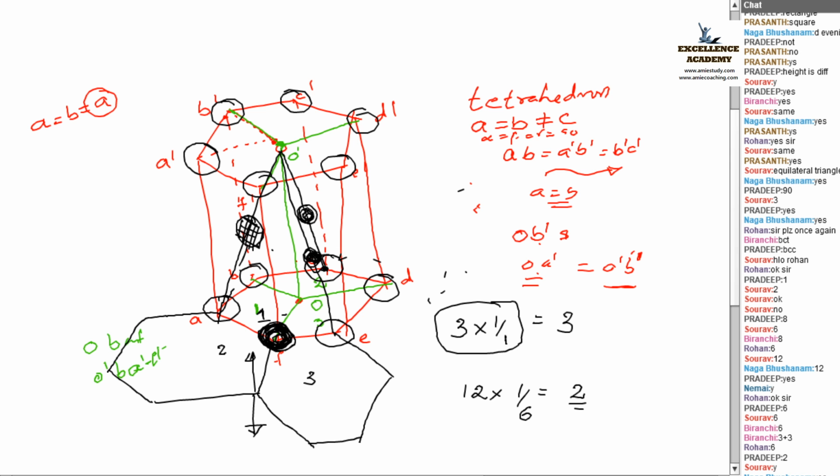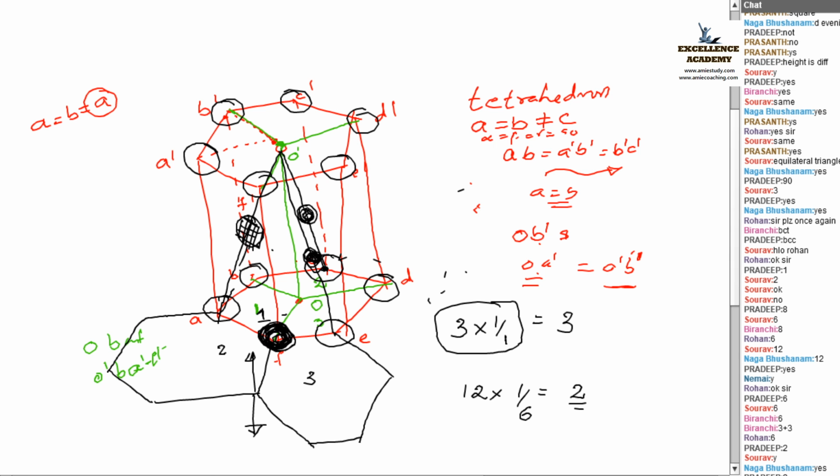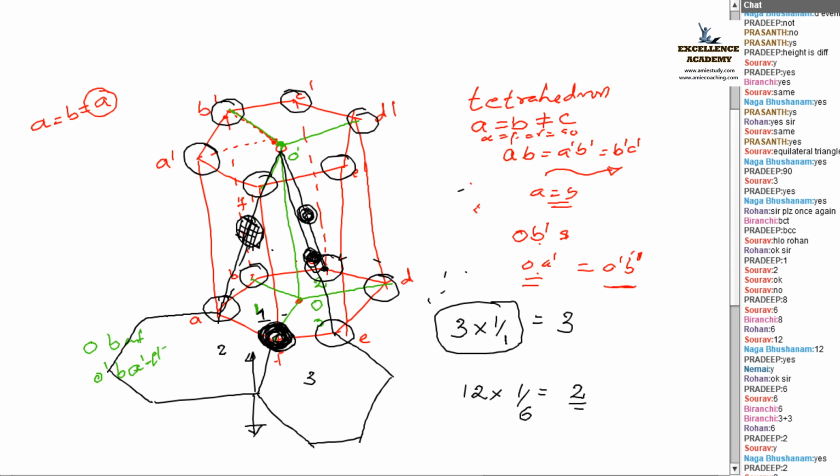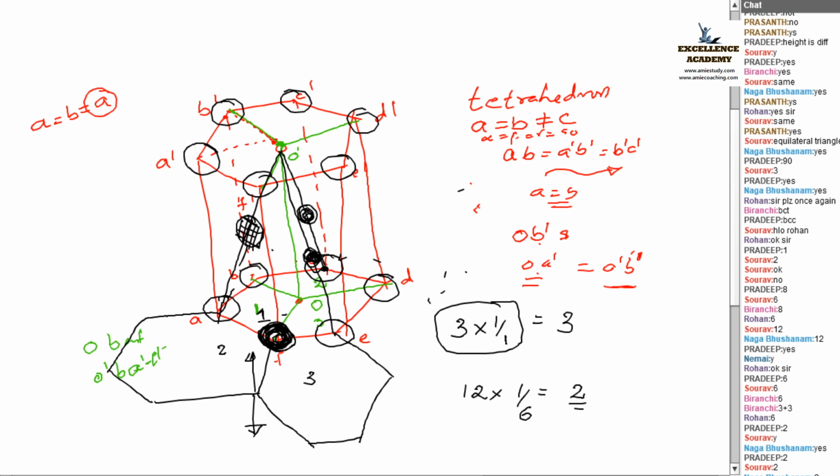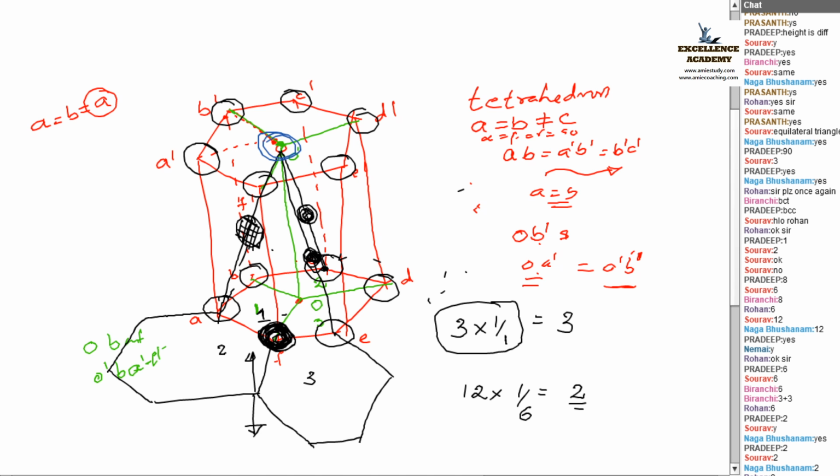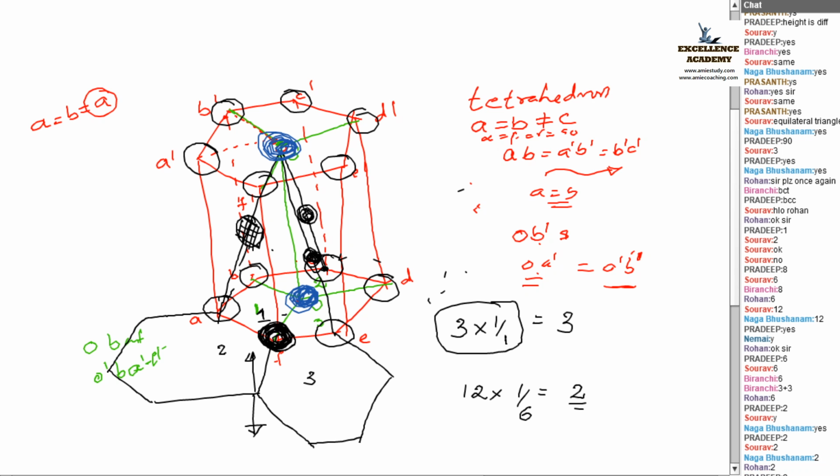How many end faces are there? Yes, two end faces are there. One is placed here and the other one is placed here. Question is, these end face atoms are shared by how many unit cells?